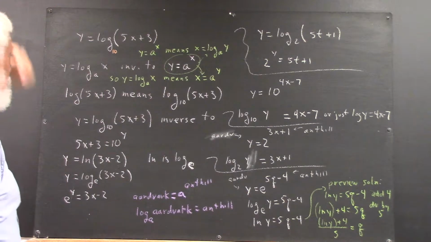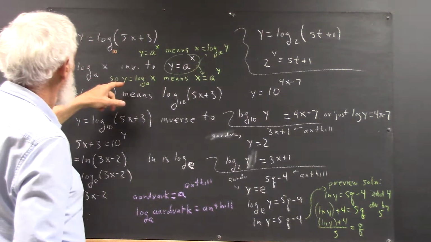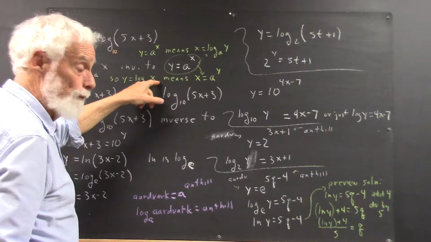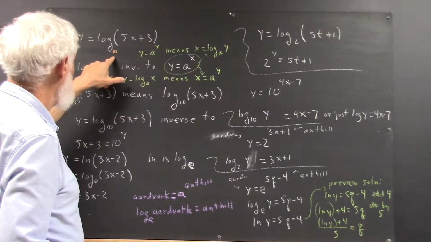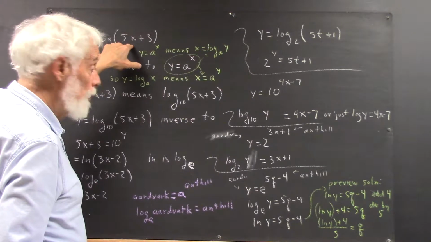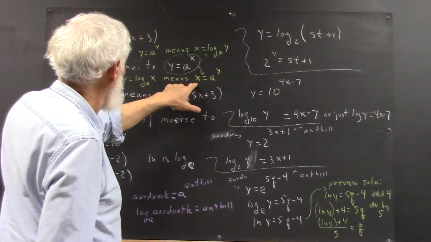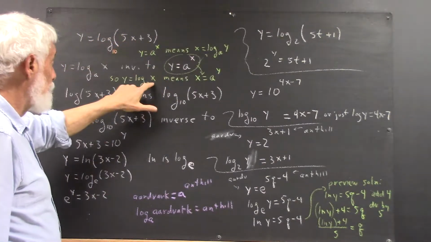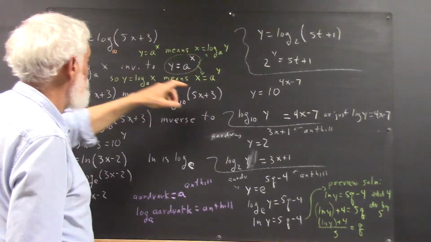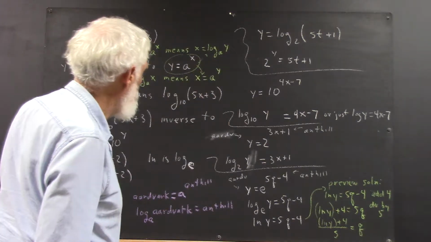And now we can see, okay, let's see. y equals log base a of x. a is 10. Instead of x, we've got 5x plus 3. So we can write this as x, which would be the 5x plus 3 in this case, equals a raised to the y.